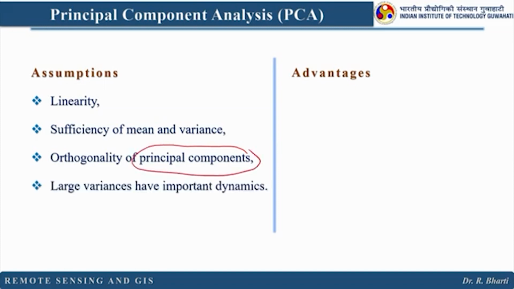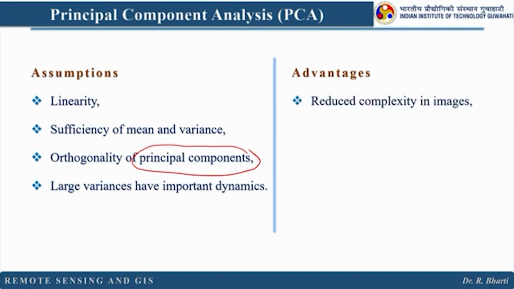And large variance has important dynamics, because here we are talking about the variance. If the variance is high between two data sets, that means both data sets are not correlated and they have different unique information of their own.